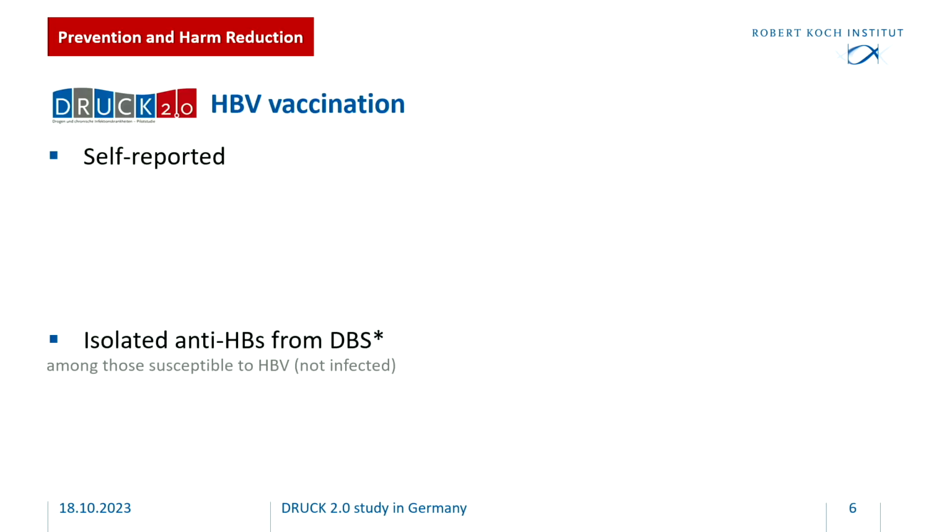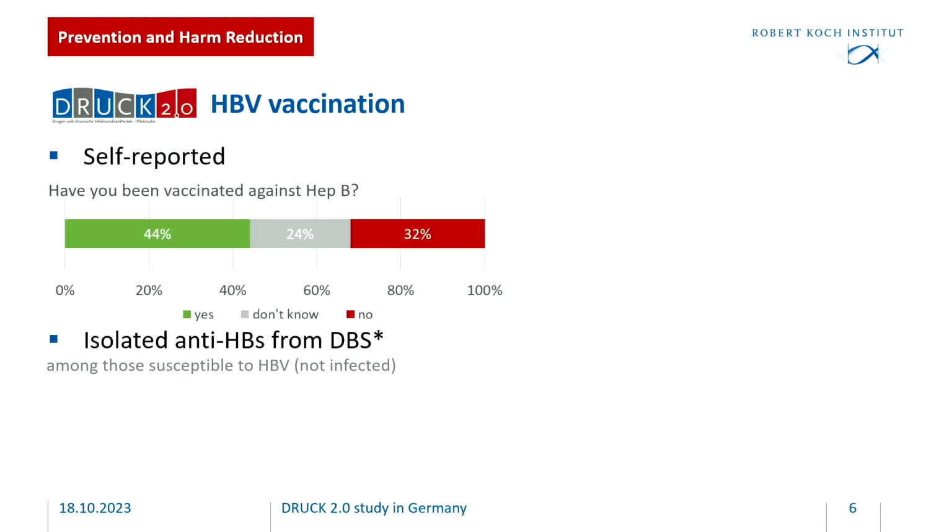Coming to another indicator on prevention, HBV vaccination. So in our study, we collected self-reported data on vaccination, and also we measured it. So we looked at anti-HBs from dried blood spots among those susceptible to HBV. So we excluded the infected ones. And we have very divergent data.